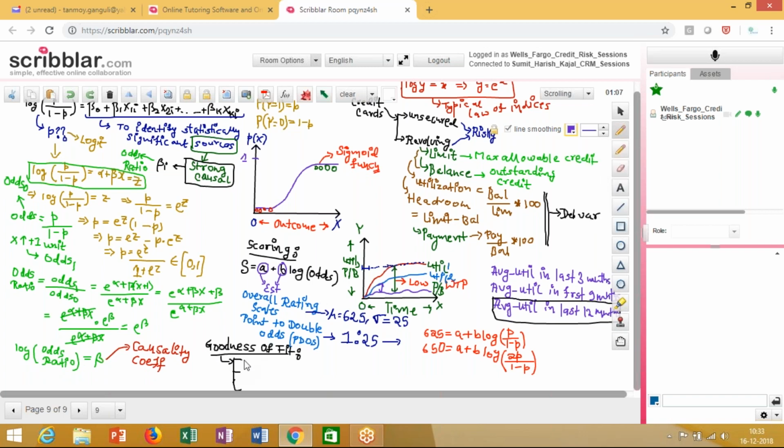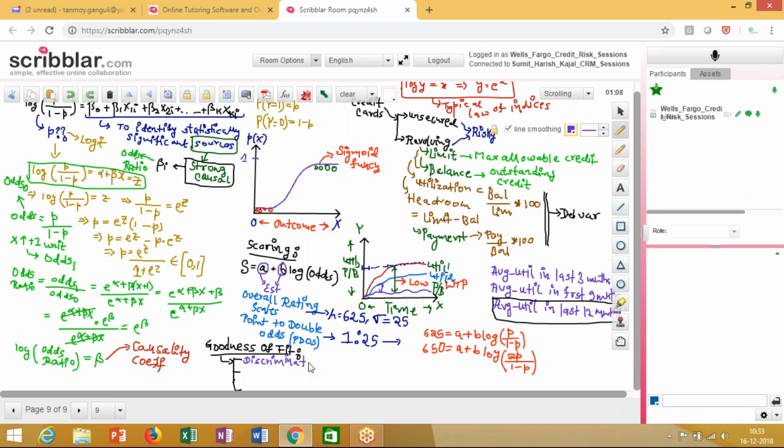Over here, the first is your discriminatory capacity of the model.